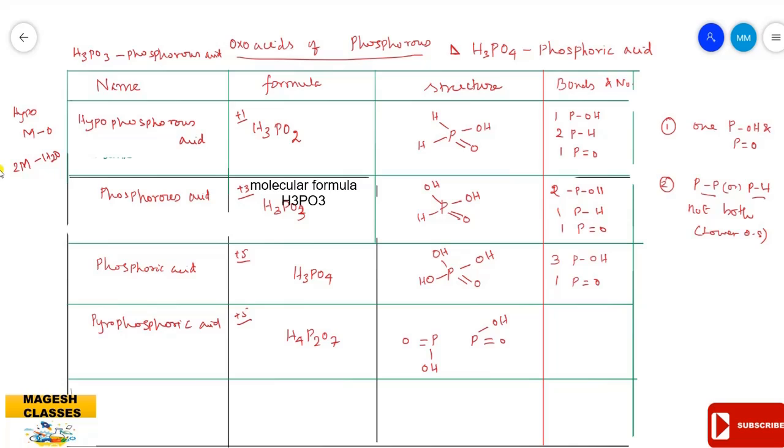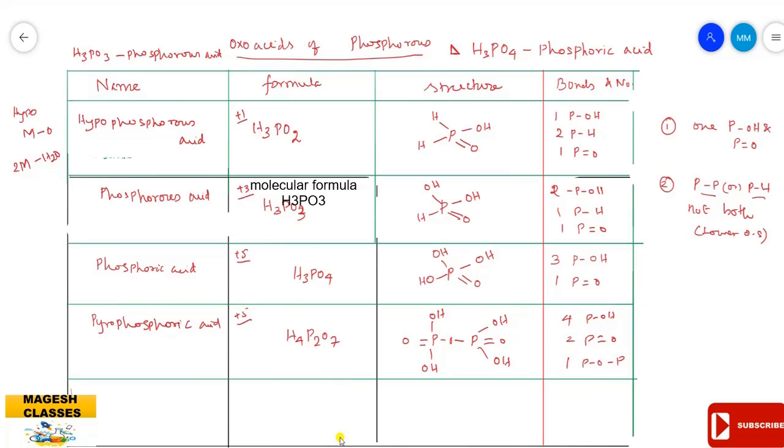The remaining OH groups go here, so all four hydrogen atoms are filled, and 1 oxygen bridges between them. So this is the structure. It has 4 P-OH bonds and 2 P=O bonds. There are no P-H bonds, since a P-H bond is only present in the lower oxidation state, and 1 P-O-P bond.